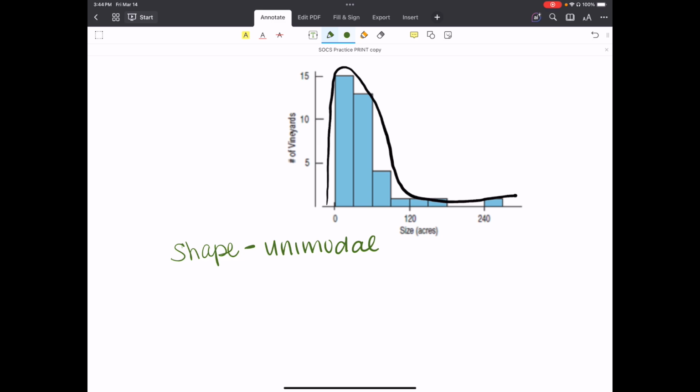And then we also have to talk about if it is skewed or symmetric. Because the tail is longer on the right side, we are going to call this skewed right. So those two things are what you answer when you talk about the shape of a graph.